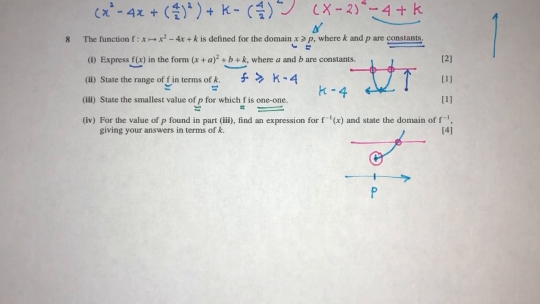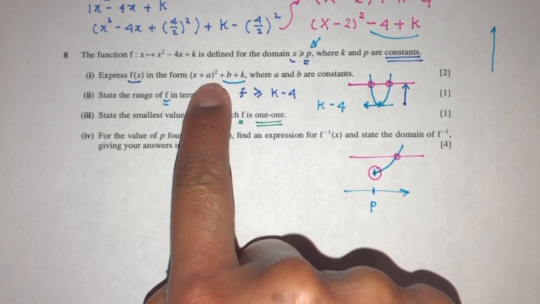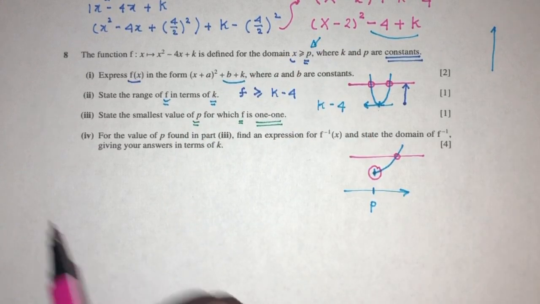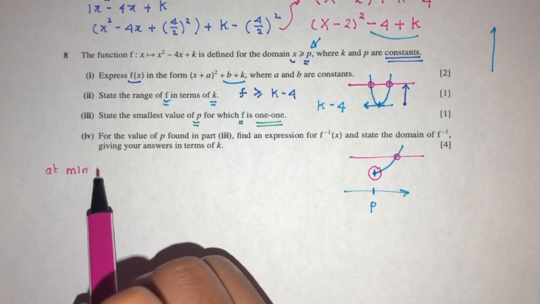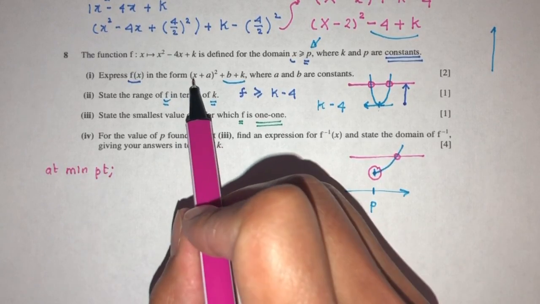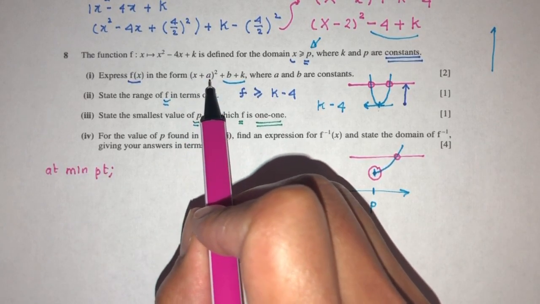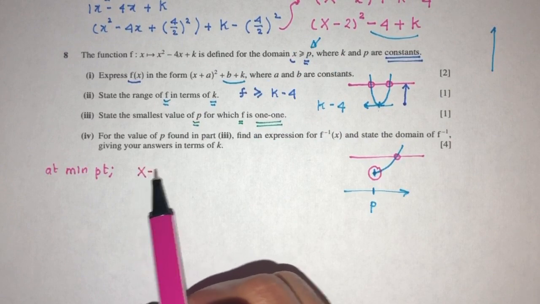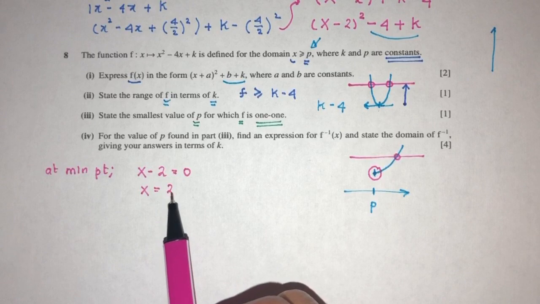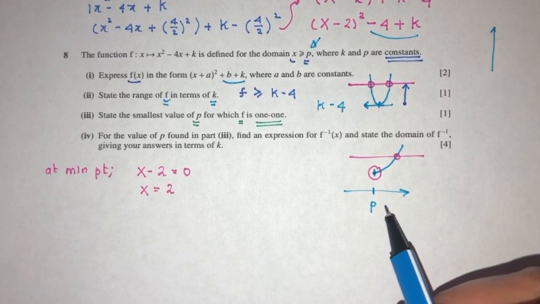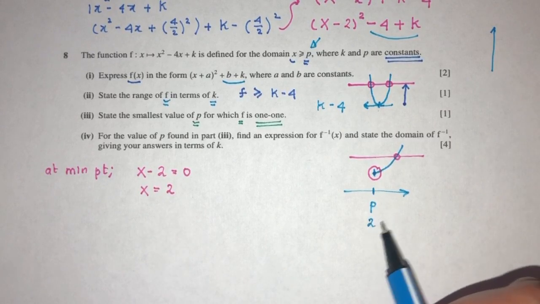So how do you find this? We can use this to find that. So we can say at the minimum point, we can just take the value inside, which is x plus a, which is x minus 2, equate that to 0. So x will be equal to 2. So at this point, here we have 2.